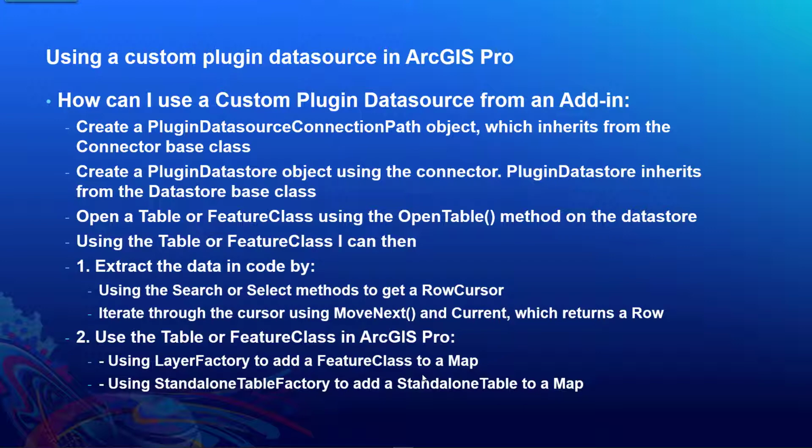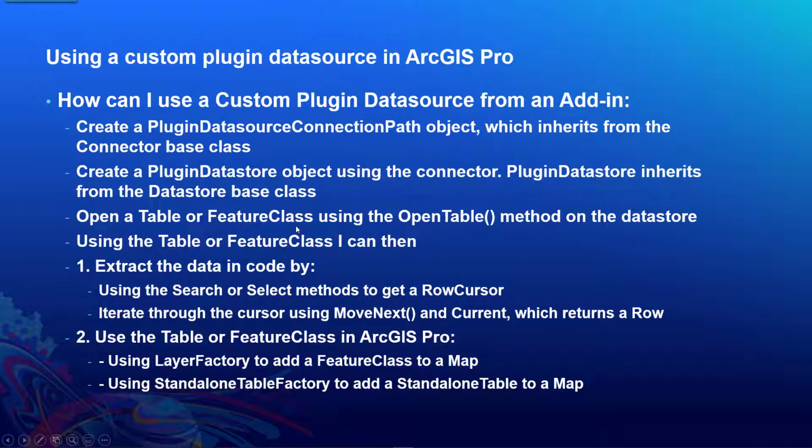So how can I use my custom plugin data source from within an add-in? It's very simple. I create a plugin data source connection path object, which inherits from the connector base class. I then create a plugin data store object using that connector I just created, and plugin data store inherits from the data store base class.